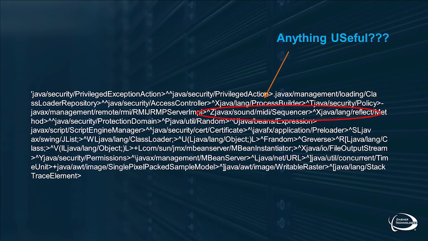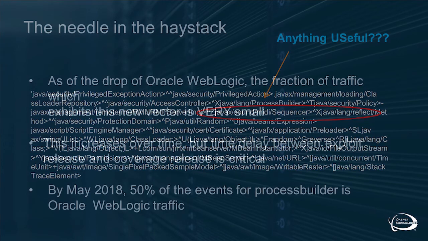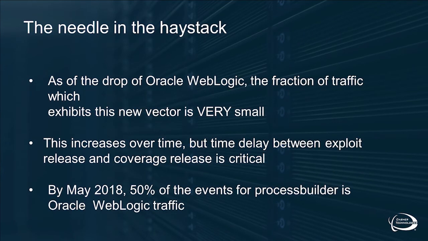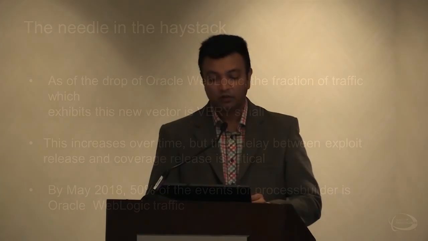When the Oracle WebLogic exploit initially kicked off, even if you had picked one of the other strings to run your IDS signature against, the amount of traffic would have been just a fraction of your total network traffic, very small.